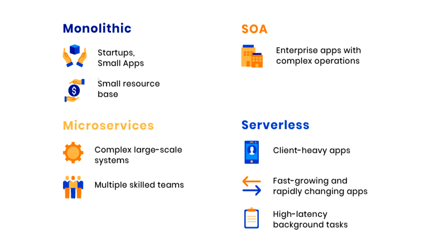If you look at microservices, since everything is isolated, there is no connectivity. Here you can see client-heavy apps, fast-growing and rapidly changing apps, and high-latency background tasks. Using microservices, these are the benefits we are going to see, like we can use high-end applications without any delay.